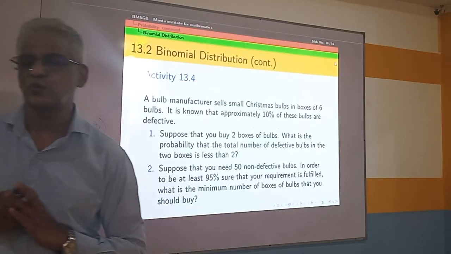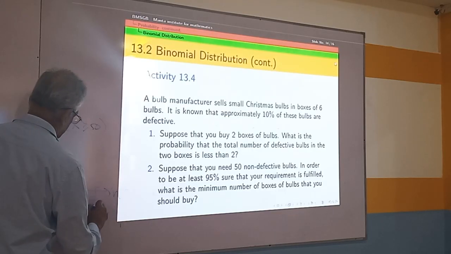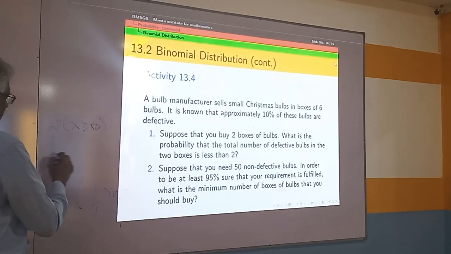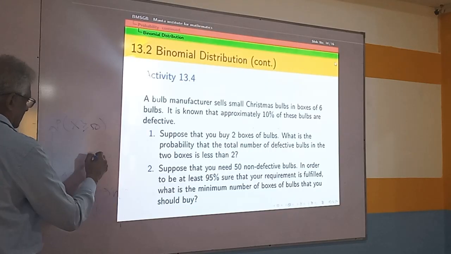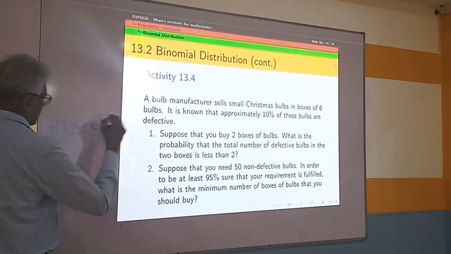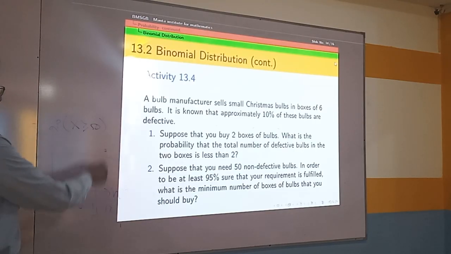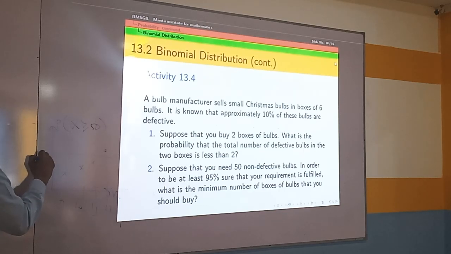If n is equal to 9, 10, 11, you have calculated, and then after some time, earlier maybe like this, and then maybe when it is 12, it goes like that. So therefore, you have to have at least 12 boxes in that case if this is 0.95.